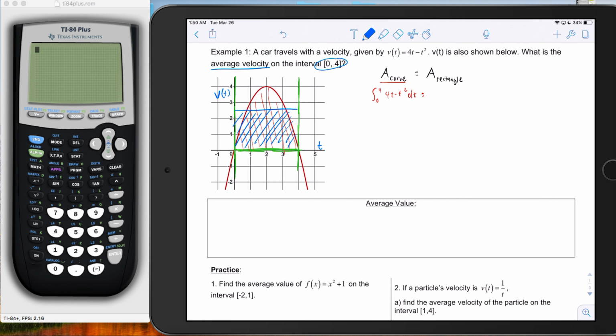Or let's do this. If we have the height here, that is our average velocity. So I'll do v average. Okay, that height is your average velocity times, and what is our base? It's just 4.